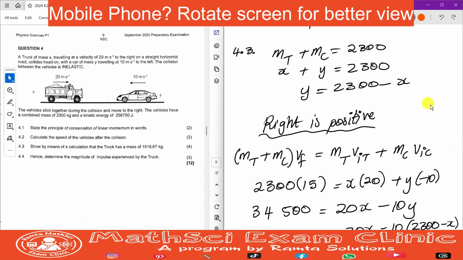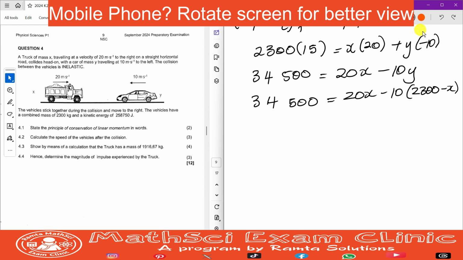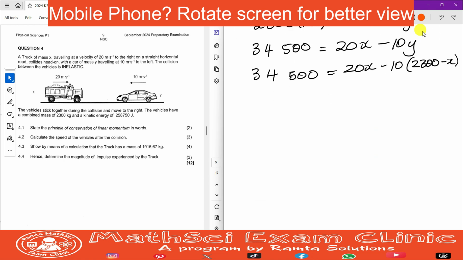Moving on, we have 34,500 equals 20x minus 23,000 plus 10x.